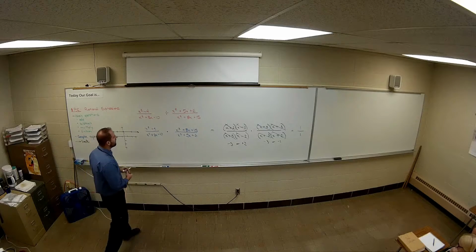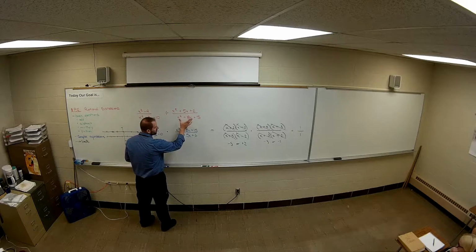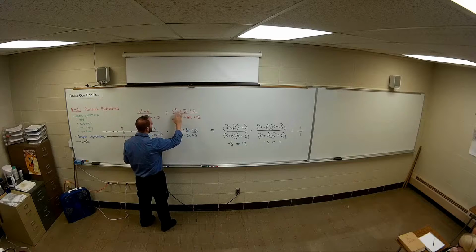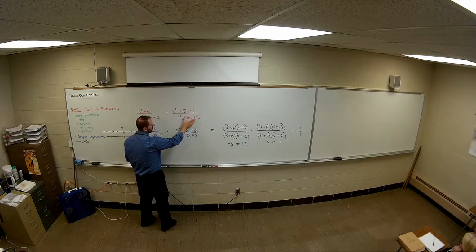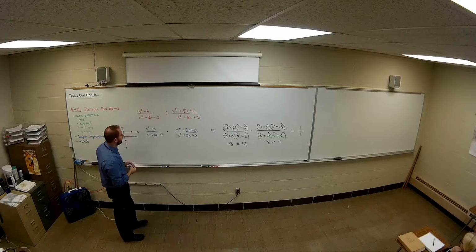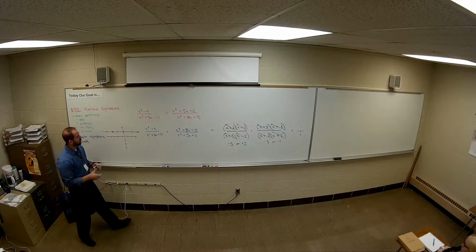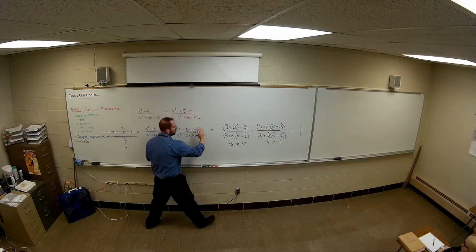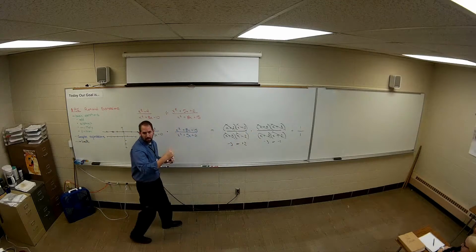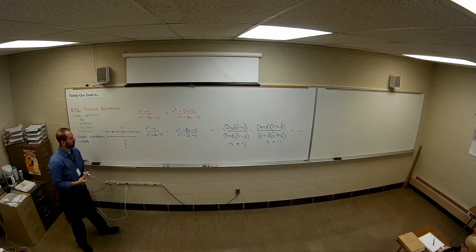And before I even flipped it, there was a problem here, because before I went from here to here, these were originally on the bottom. So that's still an exception. So I'm not allowed to use, if you look, negative 5 or negative 3, which we already had taken care of. Because you have to look at the original problem and every line you went through to see what was on the bottoms and what numbers you have to throw out.